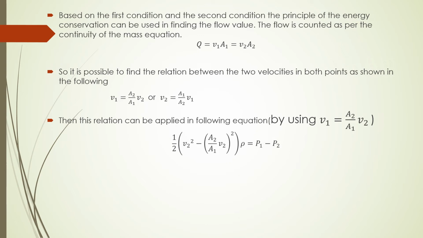Now we will take V2 square as a common factor. The final resultant equation will be half V2 square multiplied by open bracket 1 minus A2 over A1 all square close bracket, multiplied by the density, equals P1 minus P2.